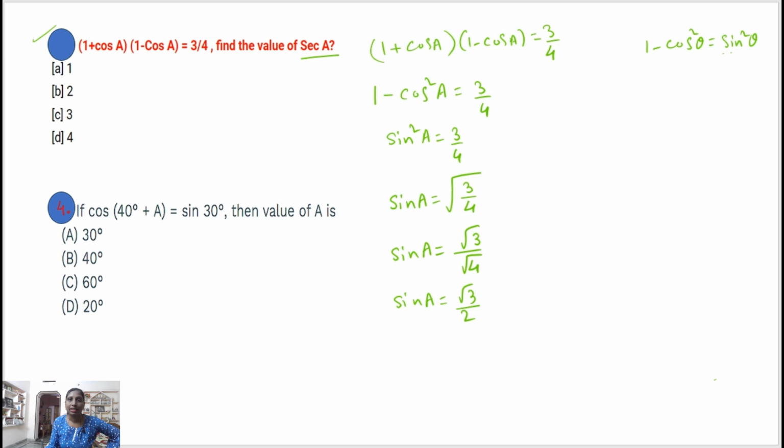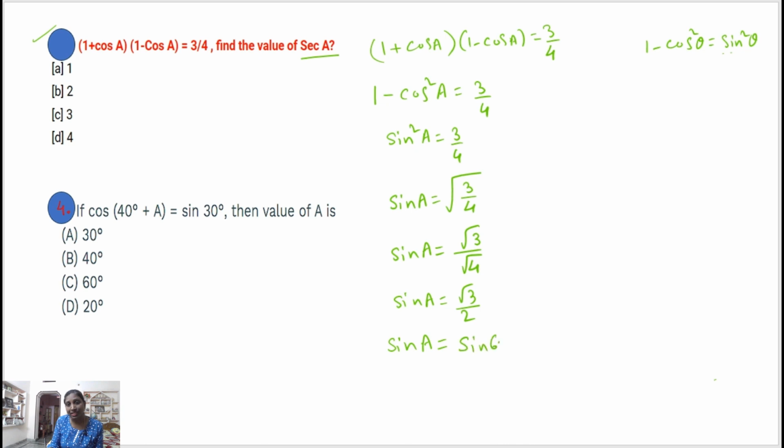Now once recall the values. Root 3 by 2 can be written as what? Which angle can you take so that you can get root 3 by 2? Sin 0, sin 30, sin 45, sin 60. So sin 60 is root 3 by 2.